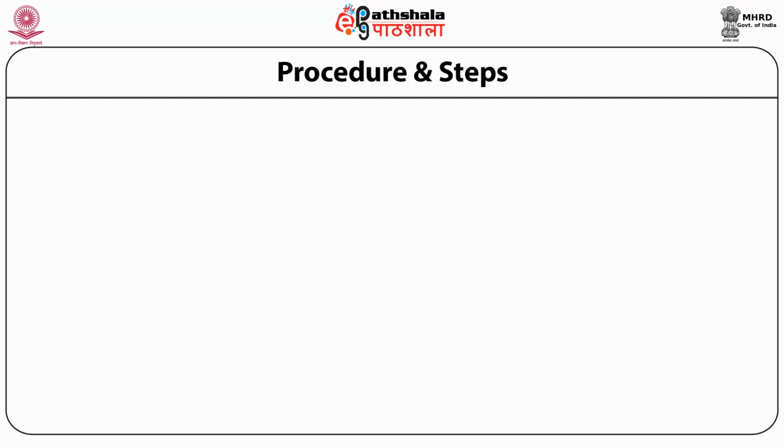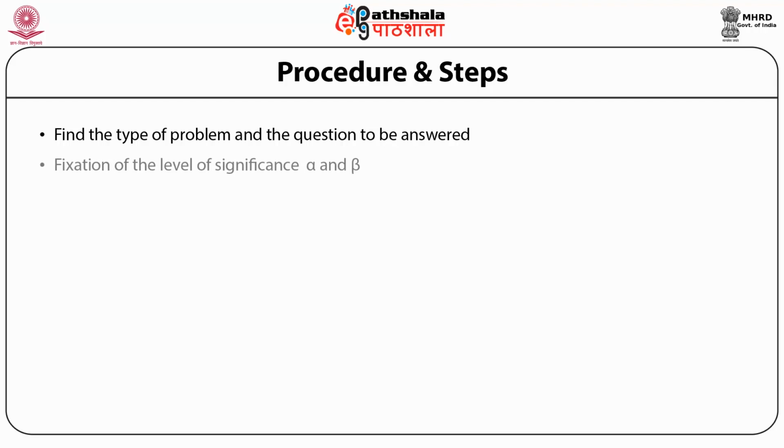Procedures and steps. First of all, to do any statistical analysis, we have a problem. Find the type of the problem and the question to be answered. That is the topmost, that includes the title and the objective of your study. Then we fix the level of significance, that is alpha, usually taken as 5%, and the power of the test, taken as 1 minus beta, which is generally taken as more than 80.